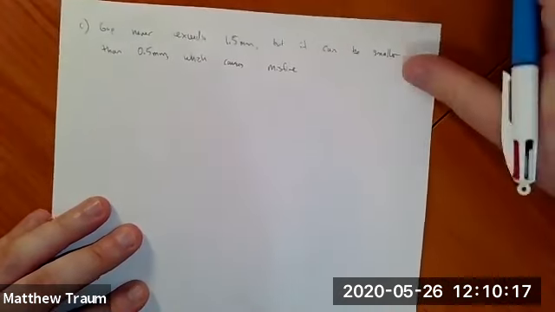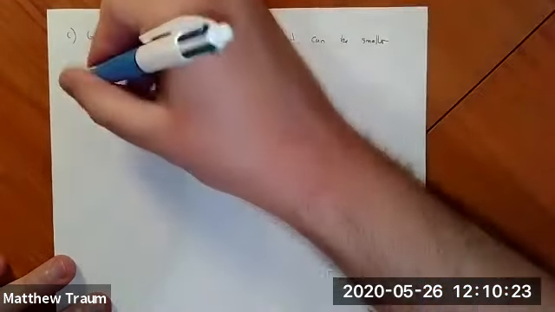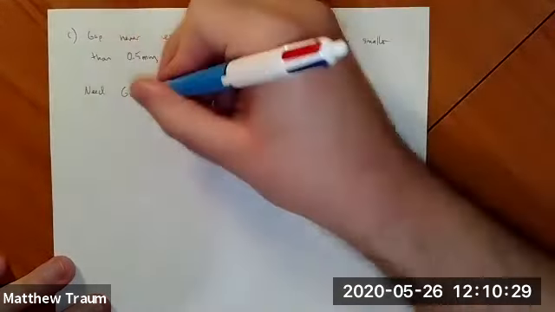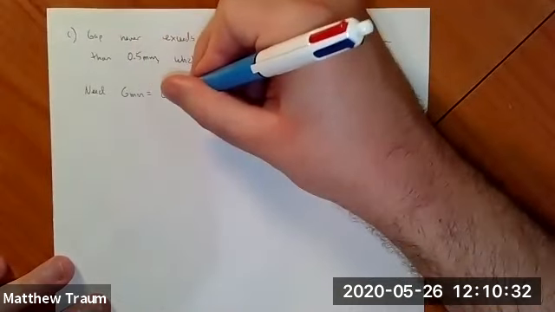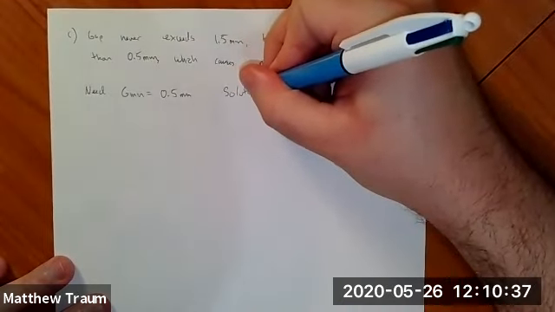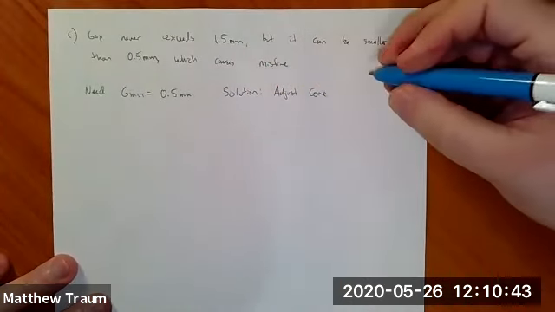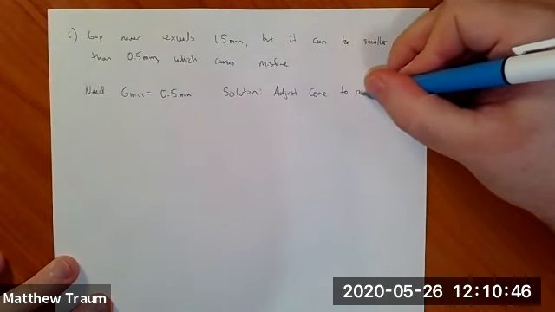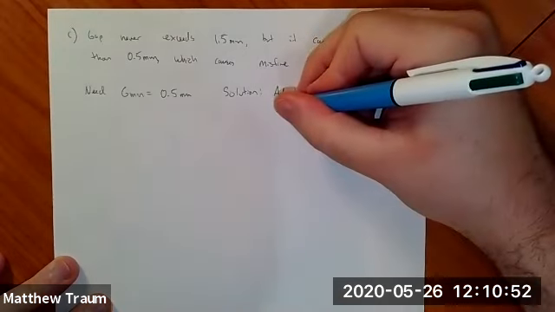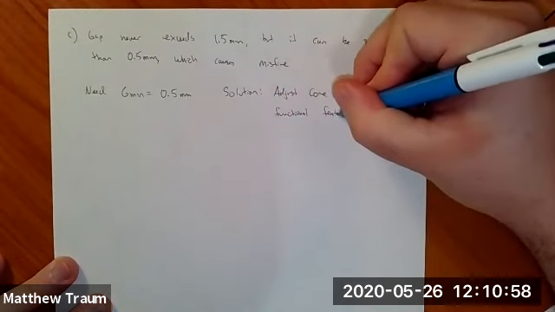So the problem is mechanical instead of electrical, and what we need to make this work is for G min to be equal to 0.5 millimeters. Not smaller than, but at least equal to. And so our solution is to adjust the core to accomplish this functional feature dimension.